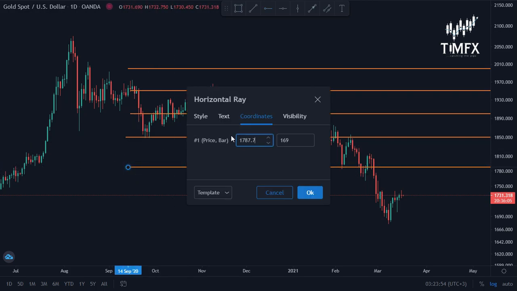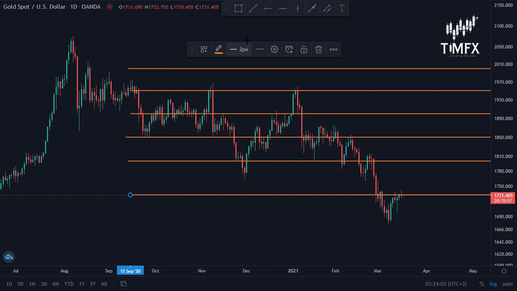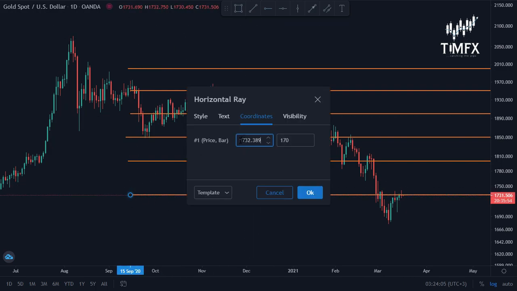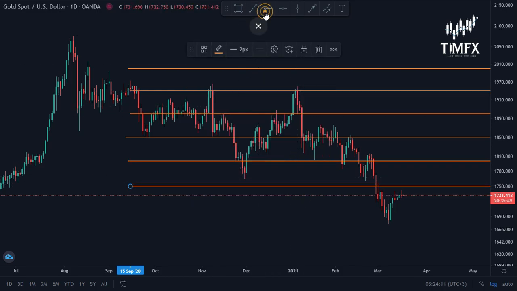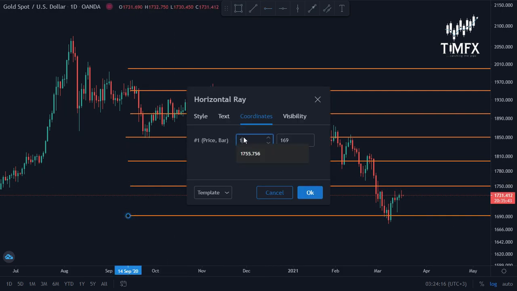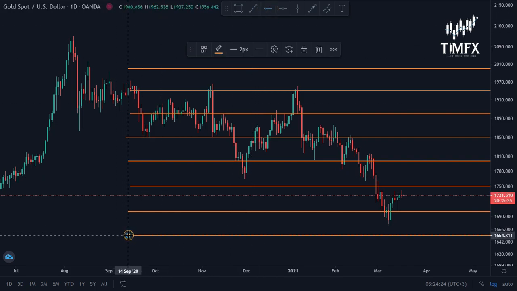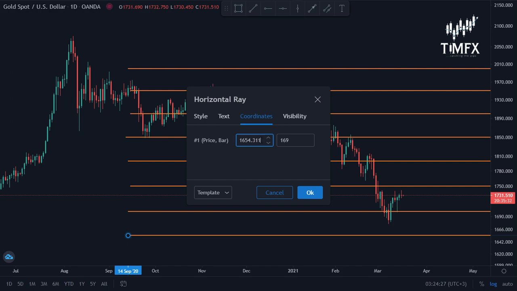So this one will be 1800. This one will be 1750. This one will be 1700. Then lastly, let's just take one more. This one will be 1650.